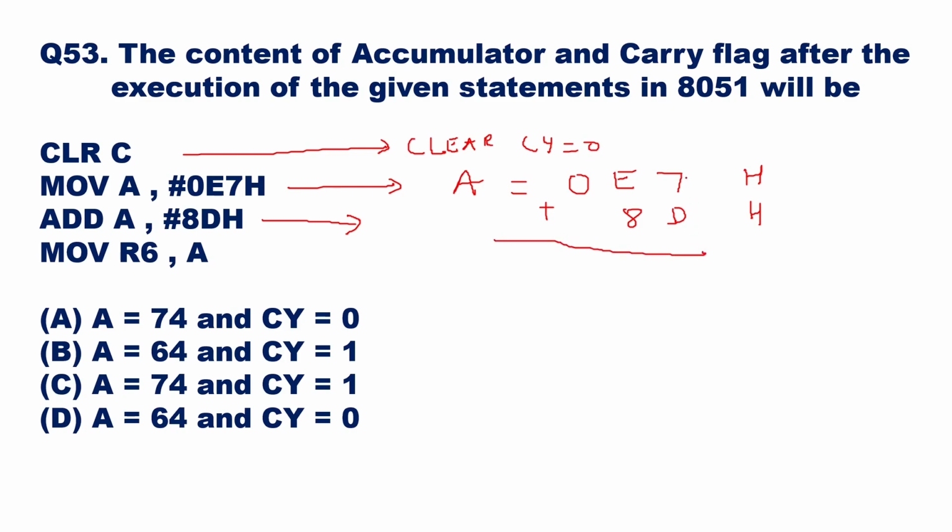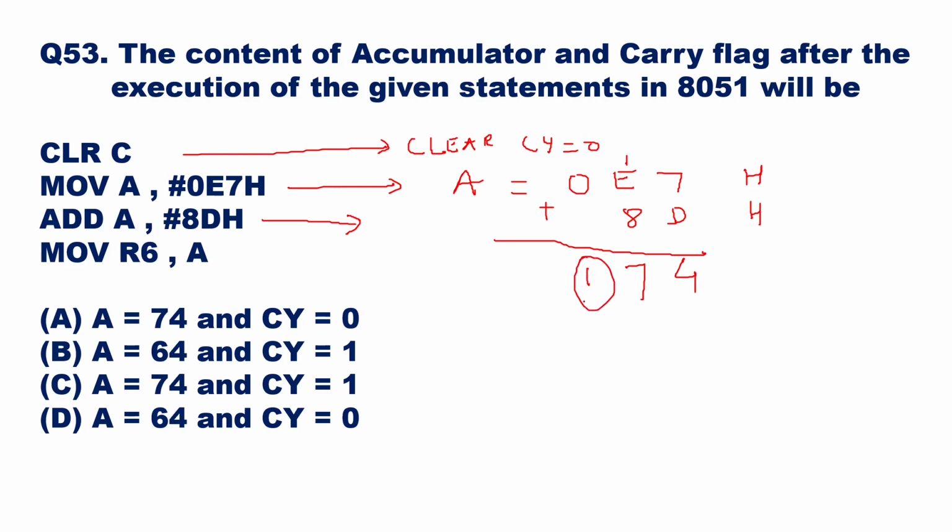Here you can see 7 plus D. D plus 7: D, E, F, 0, 1, 2, 3, 4. So this will come as 4, and then you have 1 as carry. Then E, F, 0, 1, 2, 3, 4, 5, 6, 7. So 7, and then you have 1 carry.